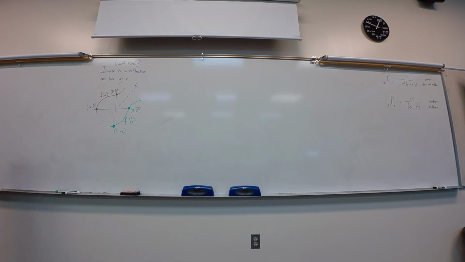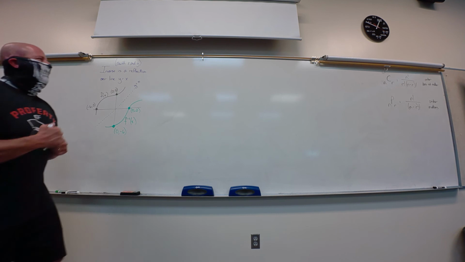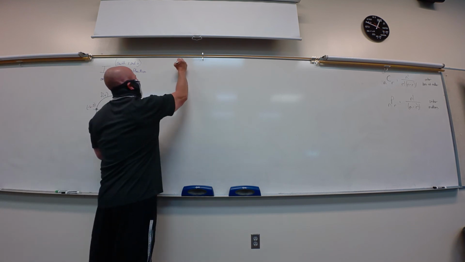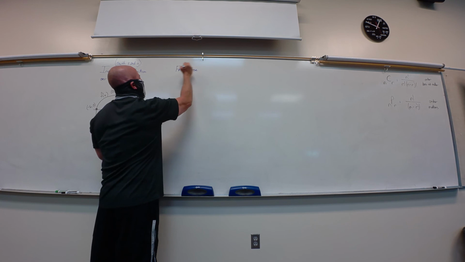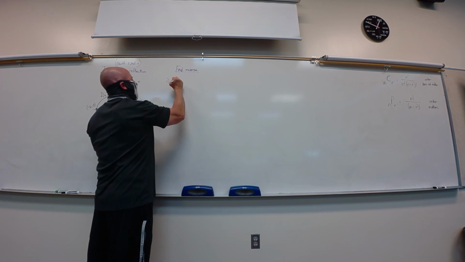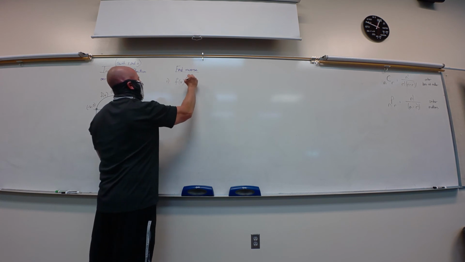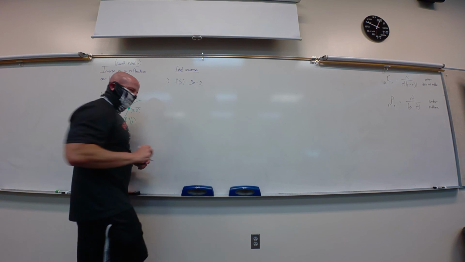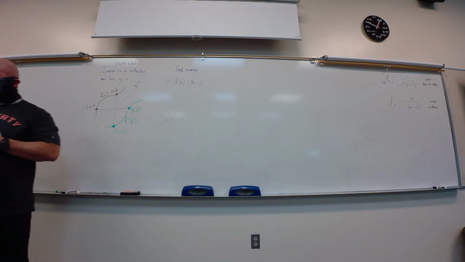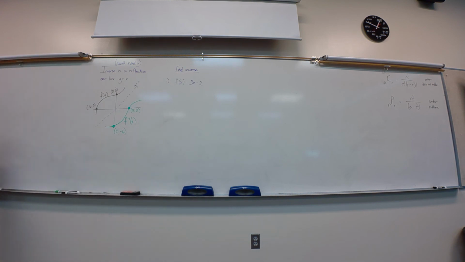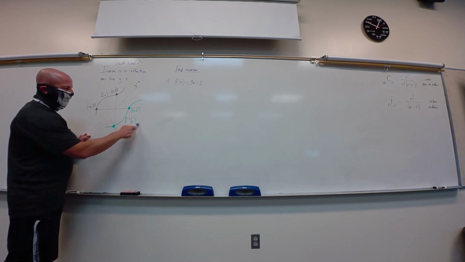So let's look at how this relates to a function. If I said, find the inverse, let's say number 1 here, f of x equals 3x minus 2. We're going to find that inverse. So I have f of x, and we're going to work to find this guy here, f inverse of x.